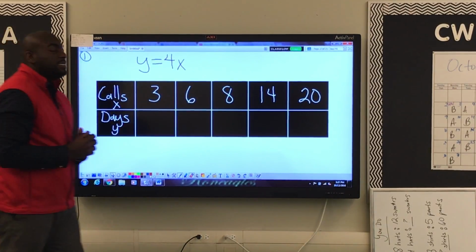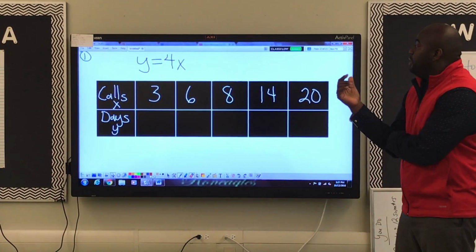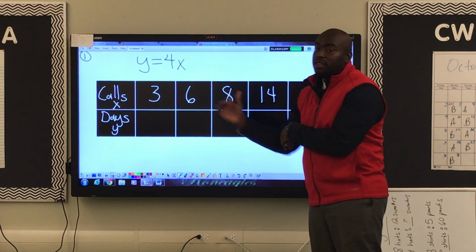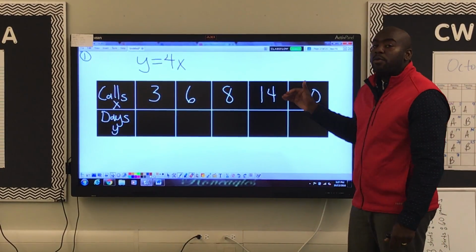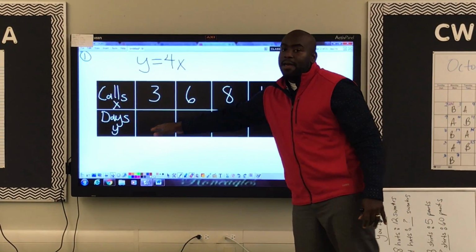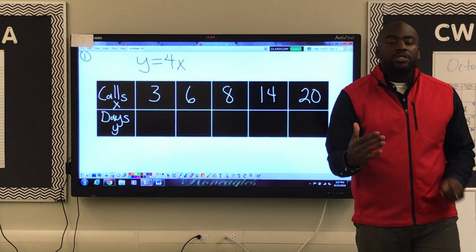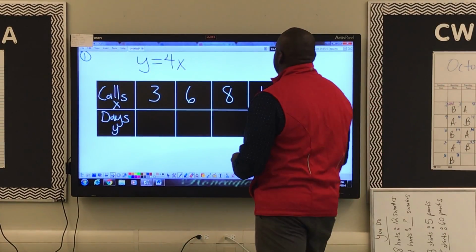Problem 1. This time y equals 4x. So the same way I solved it, this time it's a 4x where I had a 3x before. So all your x values are going to be multiplied times your 4 when you substitute them in, which is going to give us our y. I'm going to get you started on number 1. 3 times 4x.